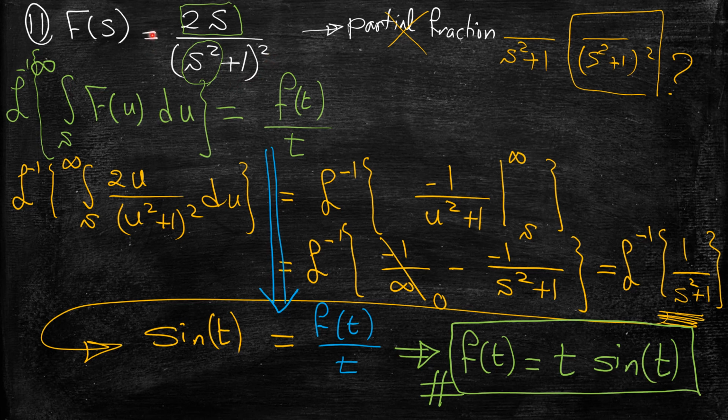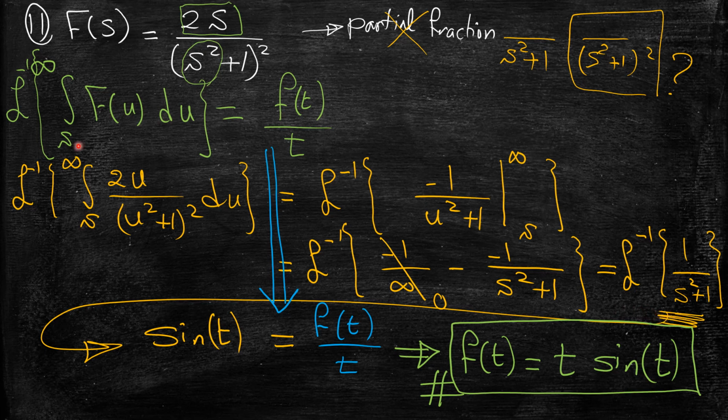So we did the integration of F of s with limits from s to infinity. This is very important. The integration gives 1 over u squared plus 1, and substituting the upper limit minus the lower limit, we end up with 1 over s squared plus 1. This is just sine t from the table at the beginning of our lectures.